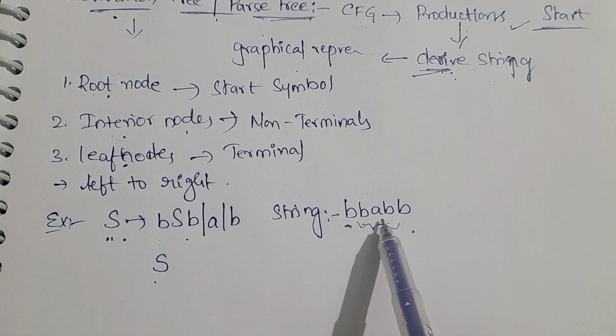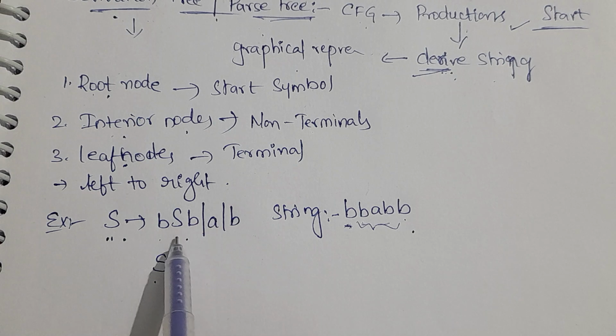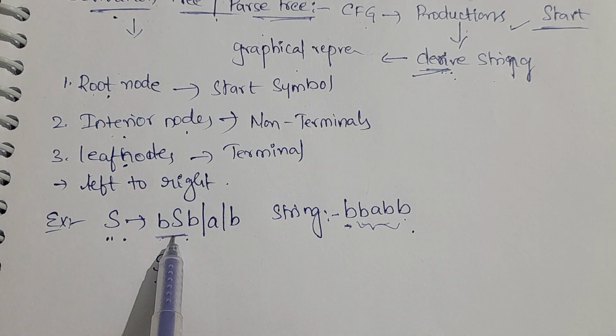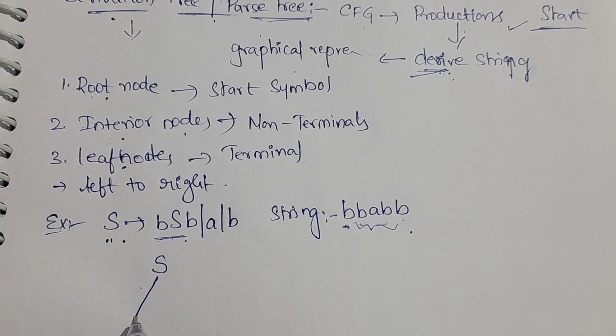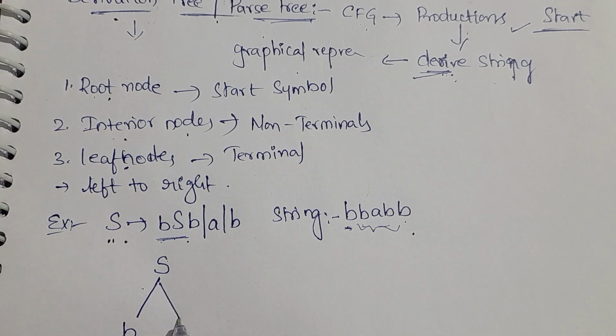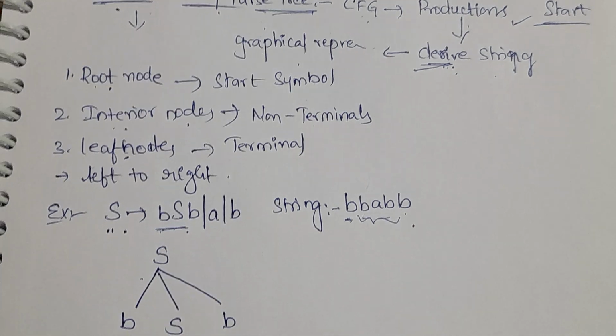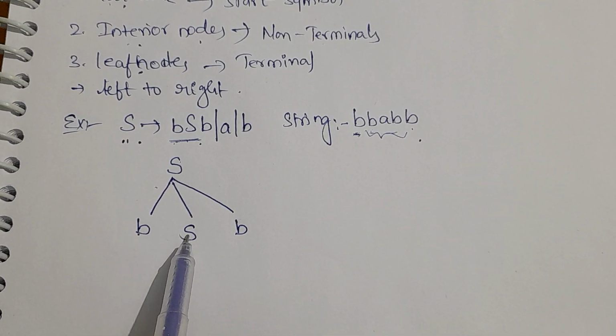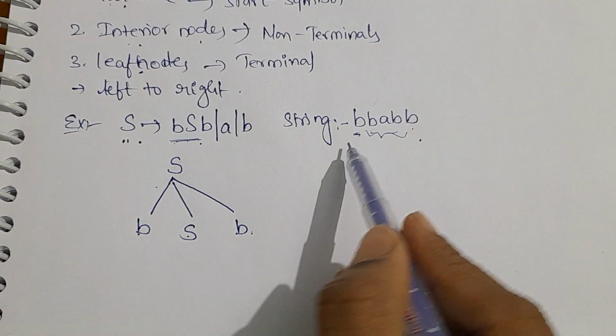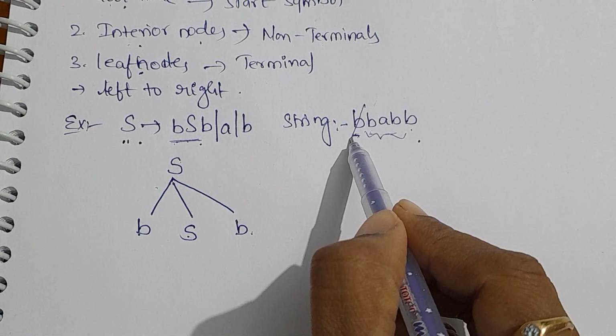So, I have more than one character in my string. So, I should consider the first production. Hence, this will become small b, capital S, small b. So, I have completed the first thing.